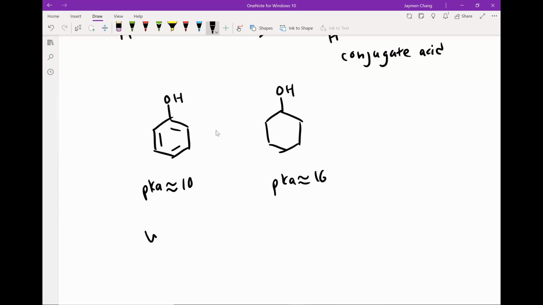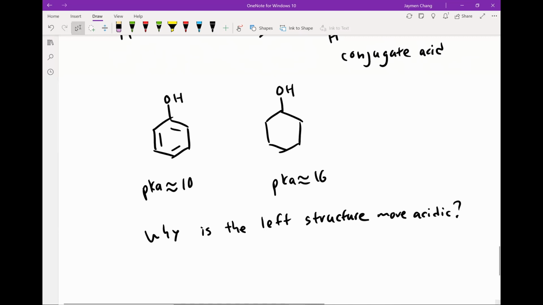Why is the left structure more acidic? Does anybody in chat have any ideas? The question is asking why the pKa is lower.